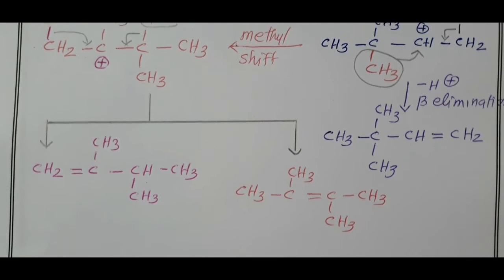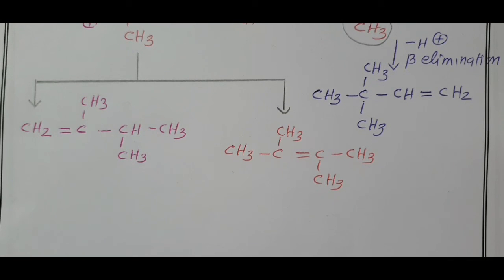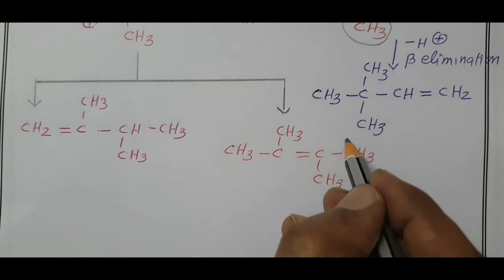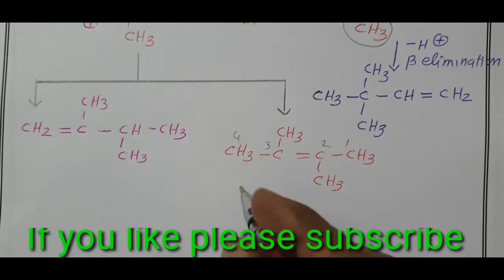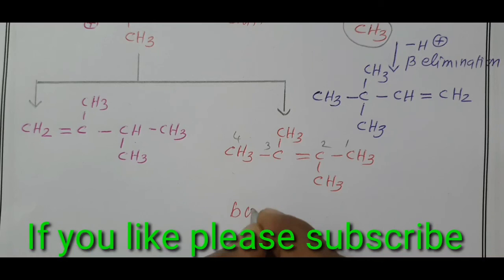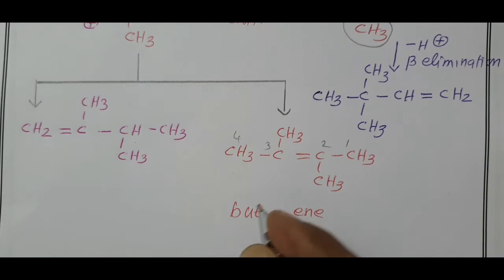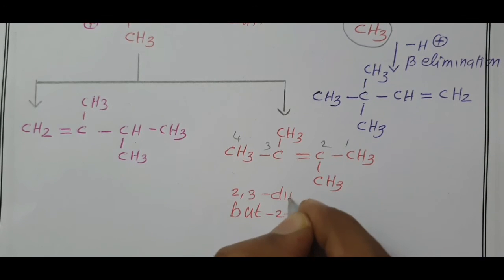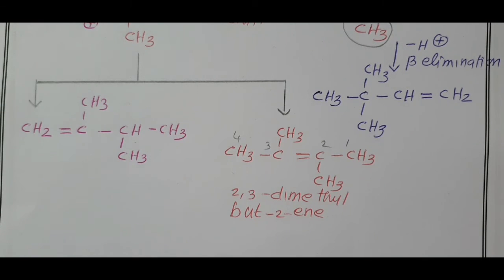Now I am going to write the IUPAC names of all these alkenes. One of the IUPAC names is given in our problem itself. So here 1, 2, 3, 4. When you give numbering 1, 2, 3, 4, a 4-carbon butane, carbon double bond in position 2, and the second and third carbon atoms containing 2 methyl groups: 2,3-dimethylbut-2-ene.